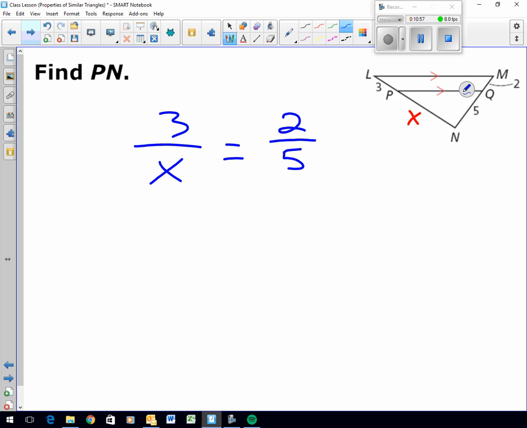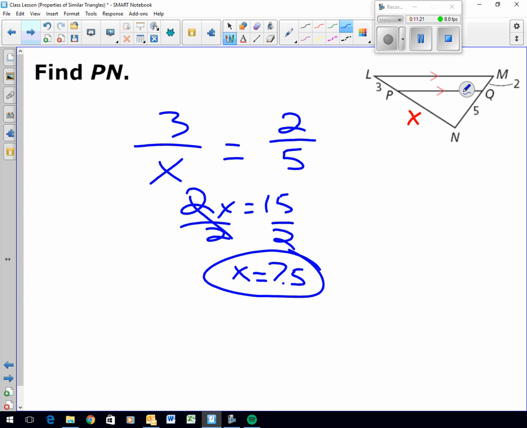Who's my cross multiplying expert now? Earl. What's 2 times x? What's 3 times 5? Earl, what's 15 divided by 2? Good. X is 7.5.